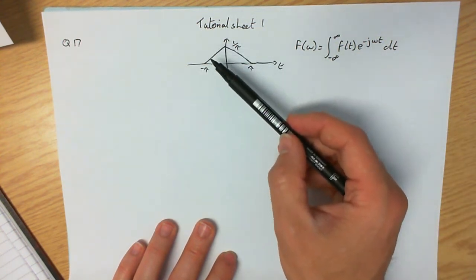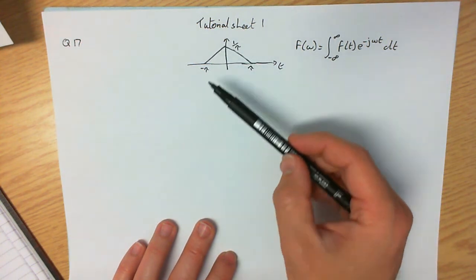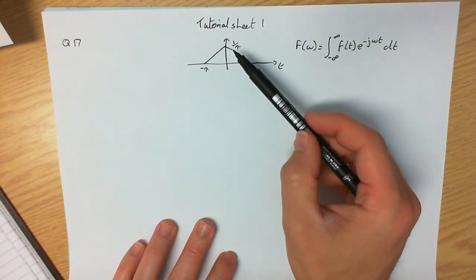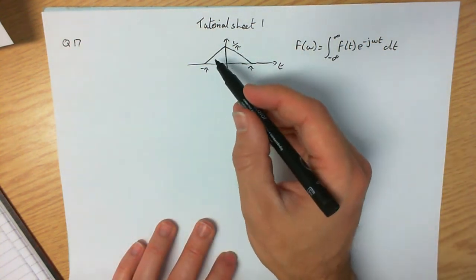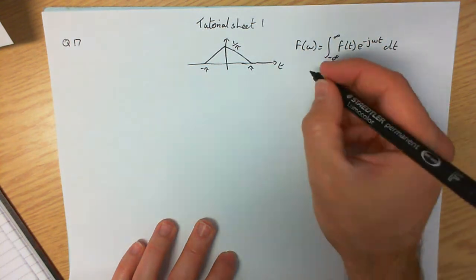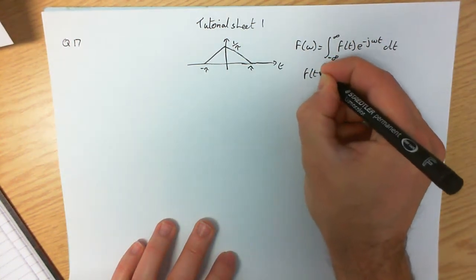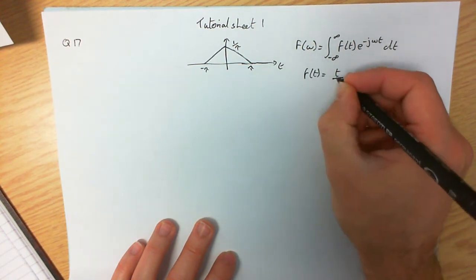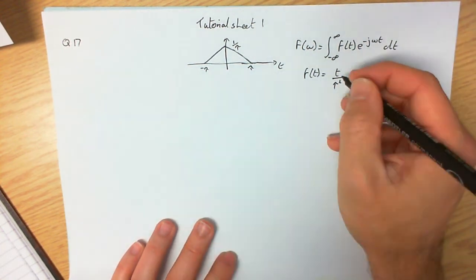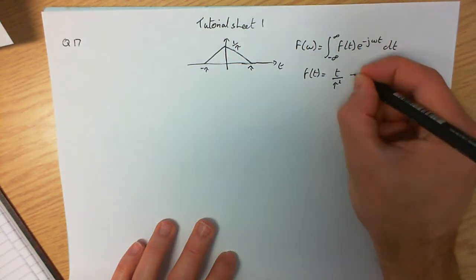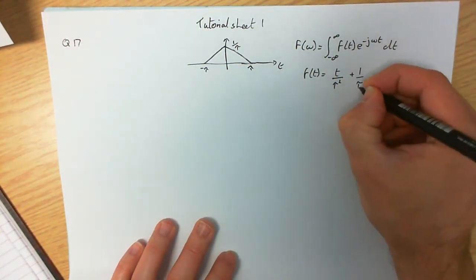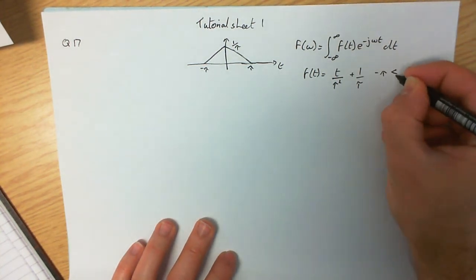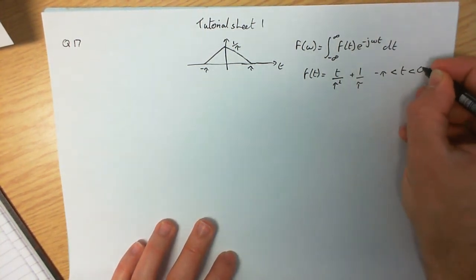But we need an equation that's going to describe this function, and we have two different equations that we will need to derive. So again, they're just y equals mx plus c graphs. So f of t, if you work this out, you get 1 over tau squared, which is the gradient, t plus 1 over tau, and that's for the region minus tau to 0.